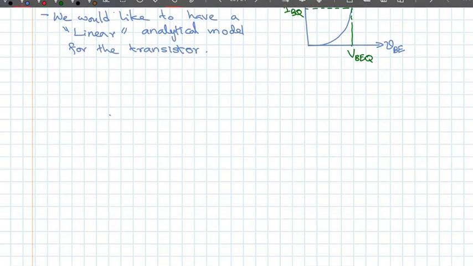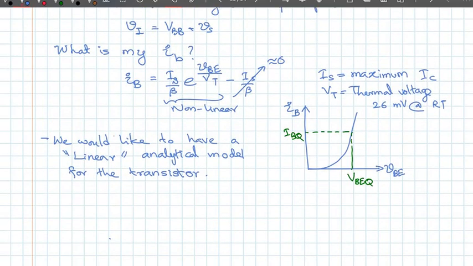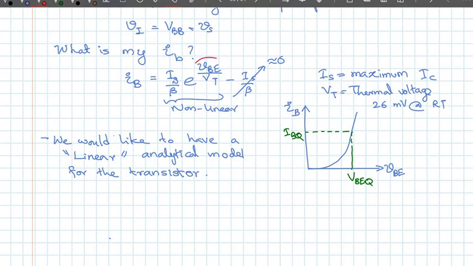Okay, so how can we convert this into a linear analytical model? Now we can write IB as, because we know, we'll see whether we can do it. We know this component here is equal to VBE plus VBE.